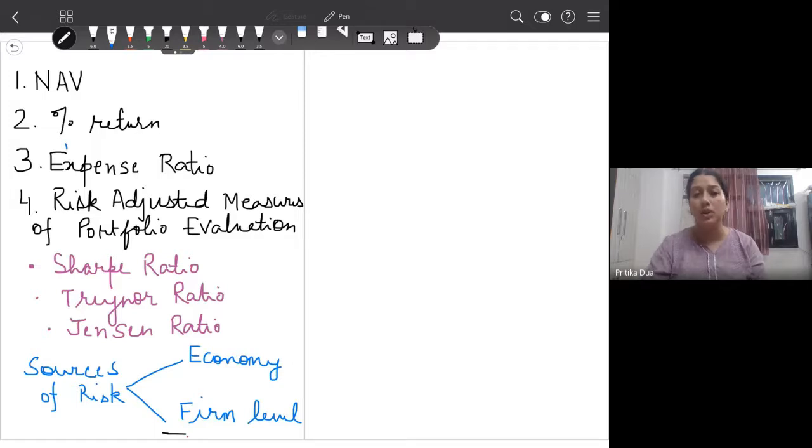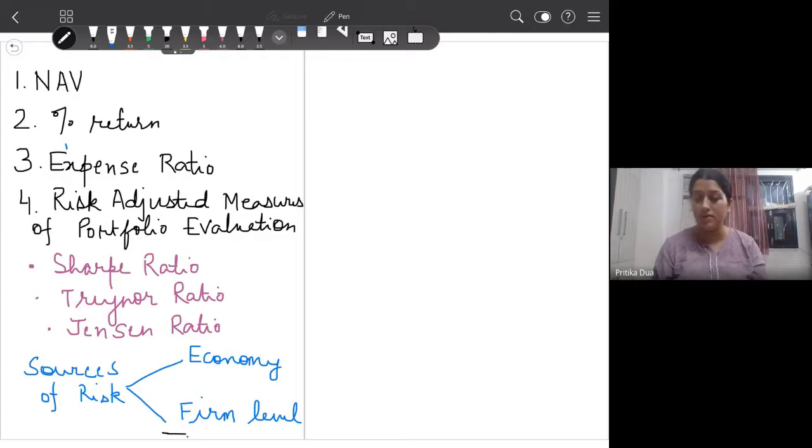Also the orientation of labor, the extent of association and unionization of labor, and if there are problems with respect to strikes and all, then this is something impacting an individual firm, which is internal to the firm.